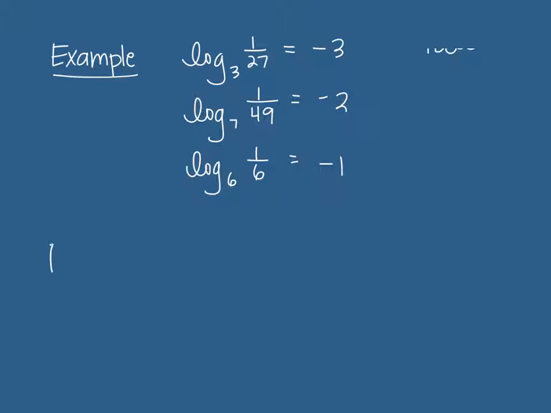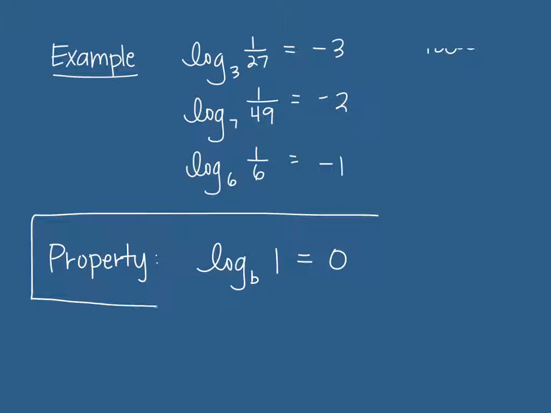Now we need to learn our first property. Our first property is: what is the log base b of the number 1? That property says the answer is always going to be 0, no matter what the base is.